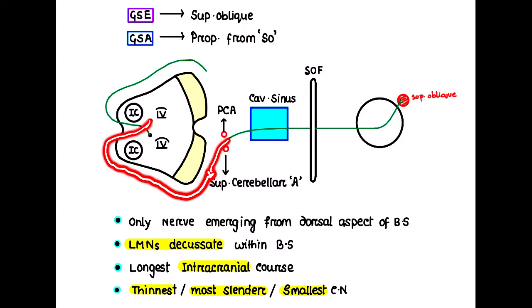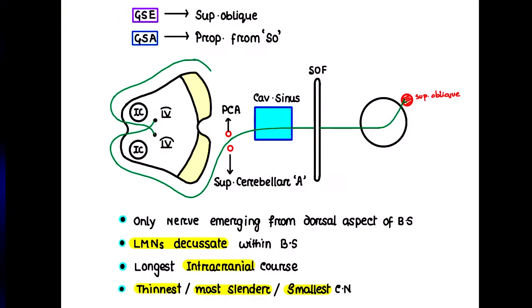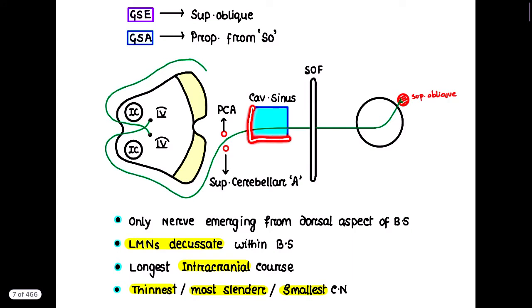Now it passes between two arteries: the posterior cerebral artery, the lower one, and the superior cerebellar artery, the upper one. It then goes through the middle cranial fossa and the cavernous sinus, through the lateral wall, like the third cranial nerve.